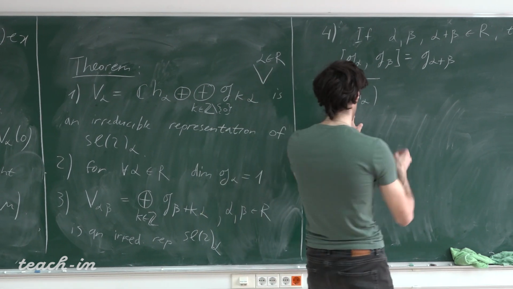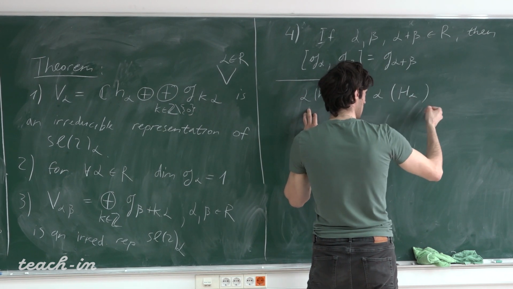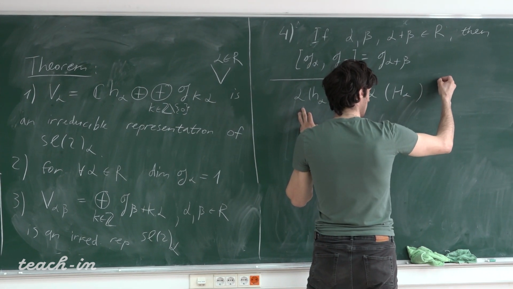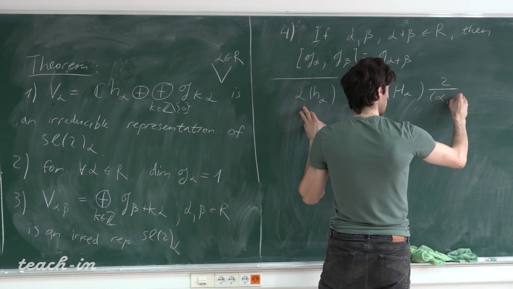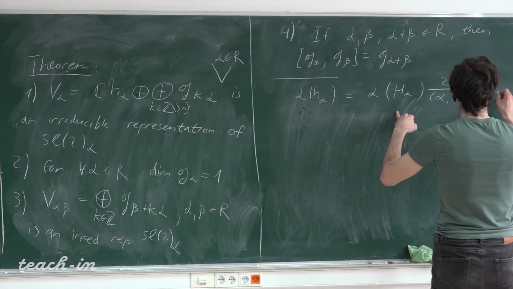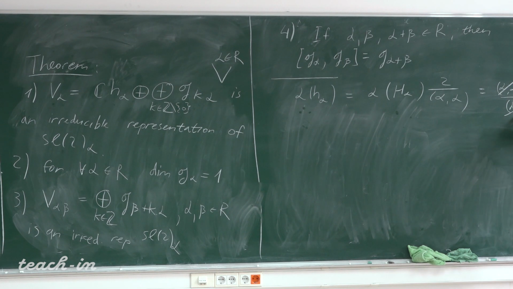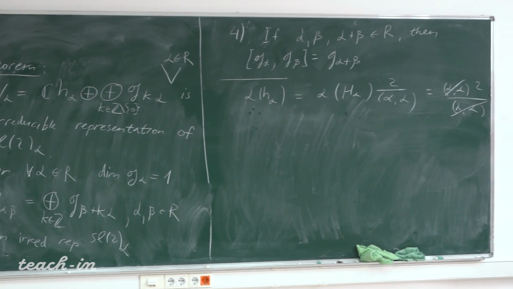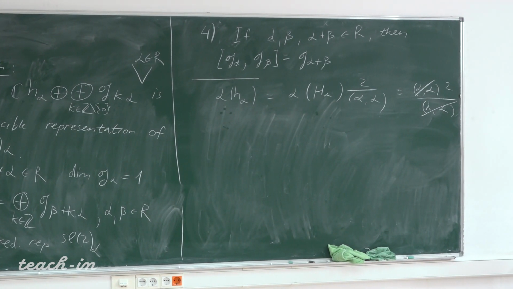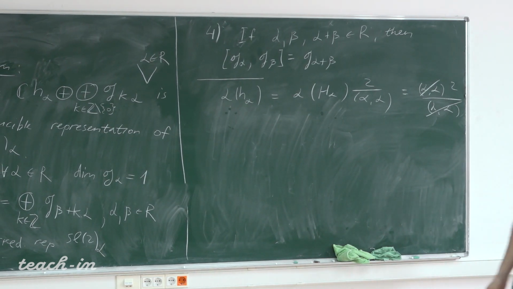So we need to plug in H alpha, but we get then 2 over alpha alpha, times alpha alpha, so this is the 2 that appears in SL2 when we compute commutation relations.